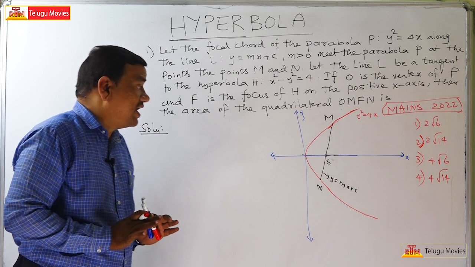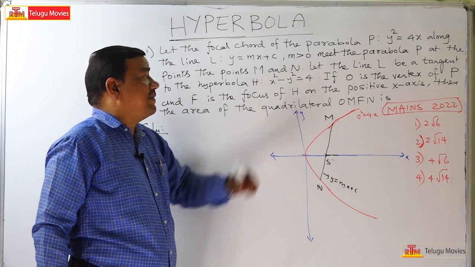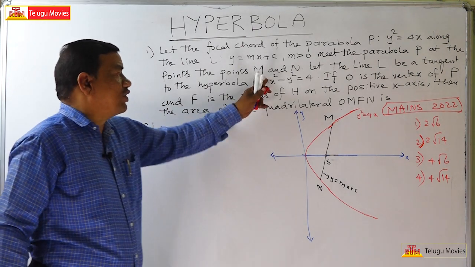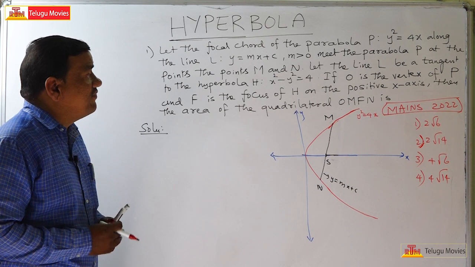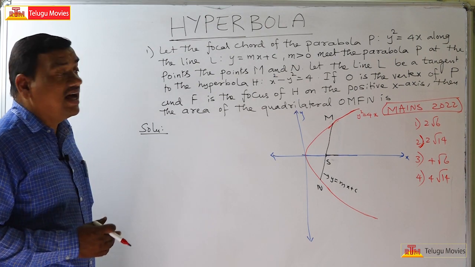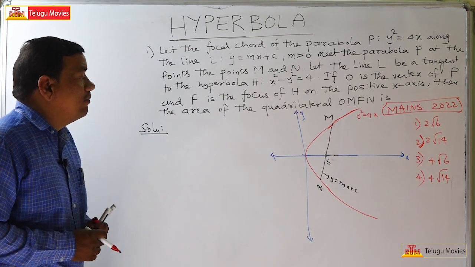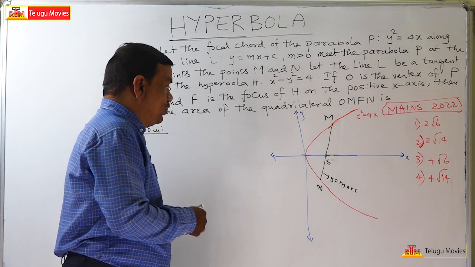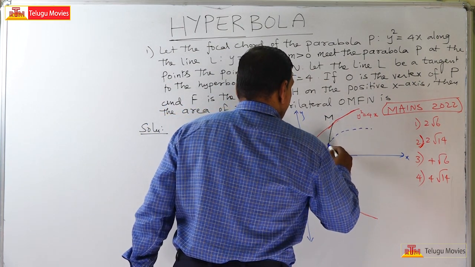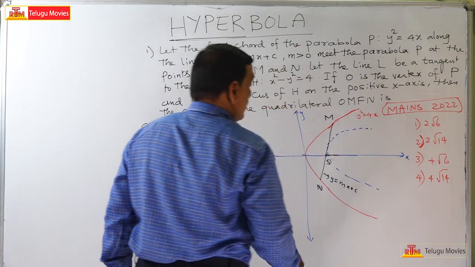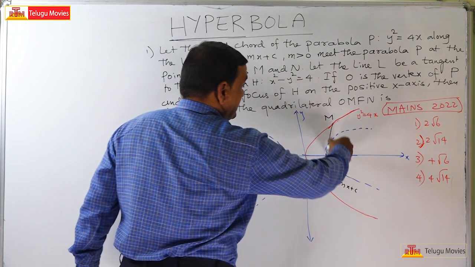Now comes the hyperbola. The hyperbola H, x square minus y square is equal to 4, that means x square by 4 minus y square by 4 is equal to 1. This line is a tangent to this hyperbola. So you can take the hyperbola like this. So this is the hyperbola. It is a tangent.